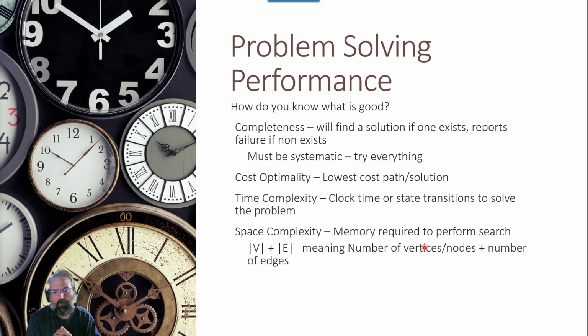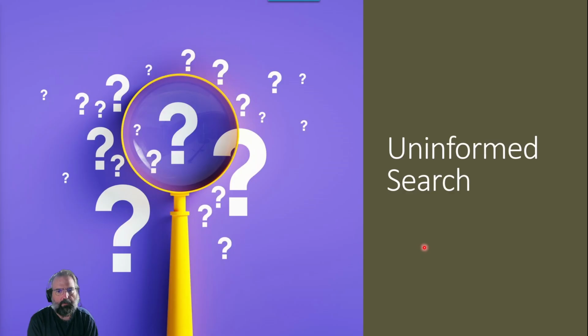Cost optimality: will it find the lowest cost path? Time complexity: clock time, or state transitions involved to solve the problem. So how many nodes did it have to consider and edges did it have to traverse? Space complexity: how much memory is involved to do it? So there are lots of different ways of evaluating the performance of a particular search.